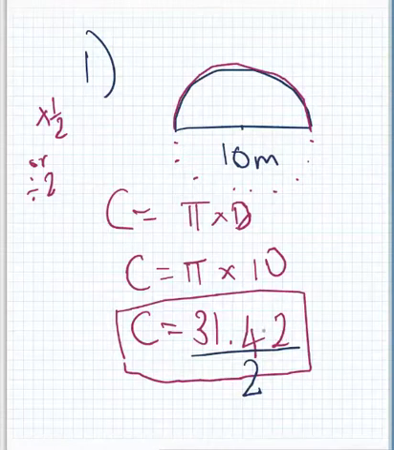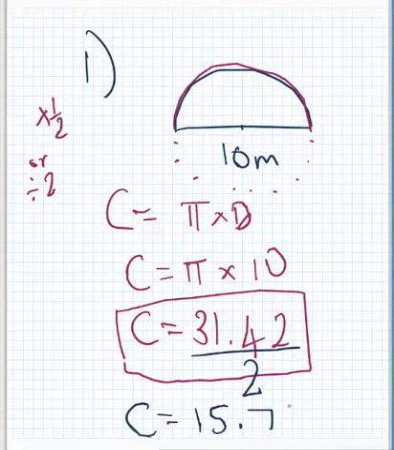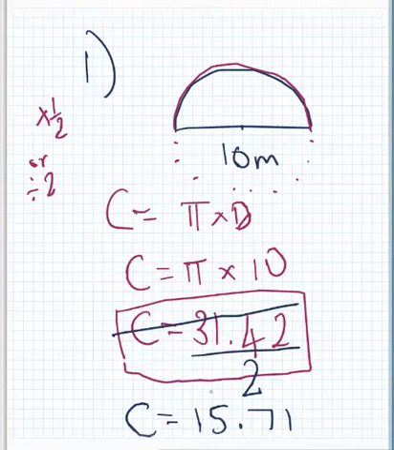But don't use 31.42. Use the long decimal on your calculator for a more accurate answer. So I'll divide by 2 what's on my calculator. And now I end up with 15 point, I'll round it to 2 decimal places, 0.71. So I've got this result not using this one, but using what was on my calculator. And I have found half of my circle.